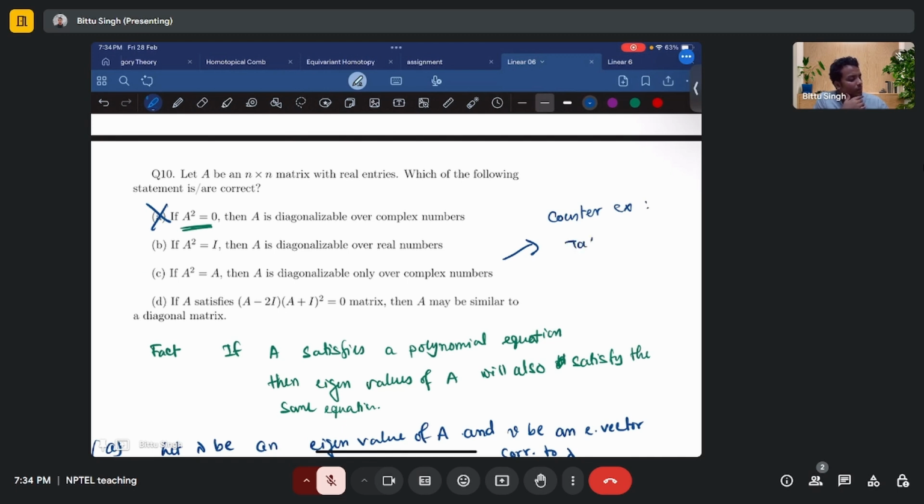Take A equal to identity, which is automatically diagonalizable because identity itself is a diagonal matrix. So this is diagonalizable and it satisfies the relation A square equal to A, right? But identity is already diagonal. That is, it is also diagonalizable over real. Okay, so that option is wrong.